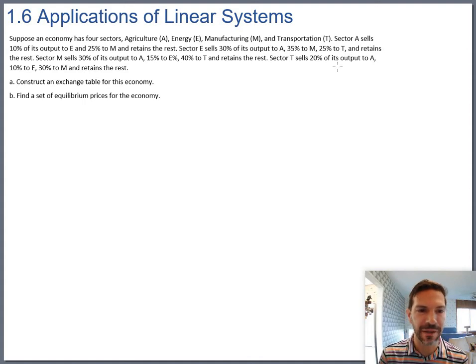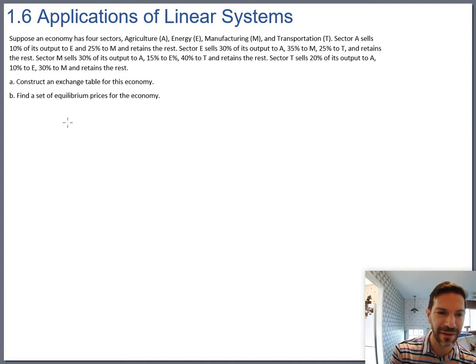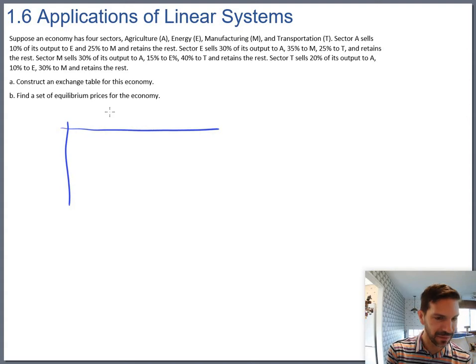So the first thing that the problem asks is to construct an exchange table for this economy. So let's go ahead and get started with that. Let's do where the material and the value comes from on the top, and let's do where it goes to on the side.